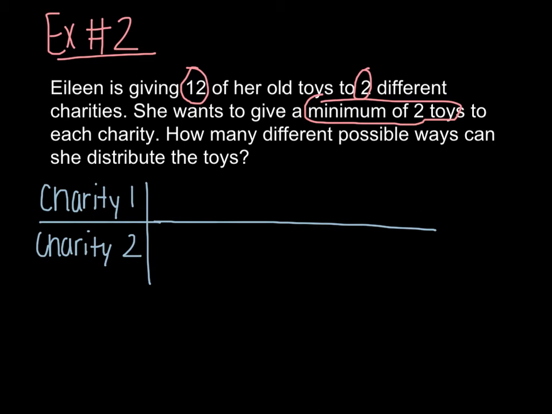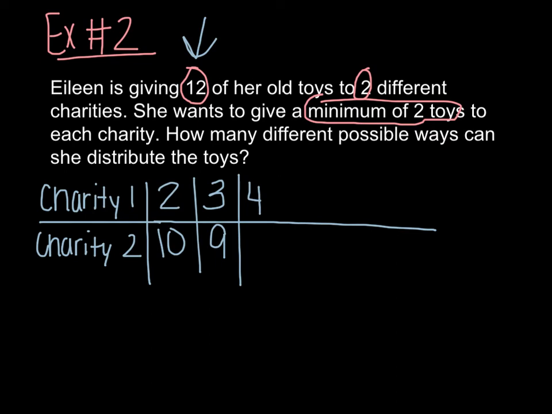So the first charity could have 2 of them, and then the second charity would get 10, because she has 12 toys altogether. 2 plus 10 equals 12. Then she could give the first charity 3, and the second one would get 9. The first one could get 4, and the second one would get 8.